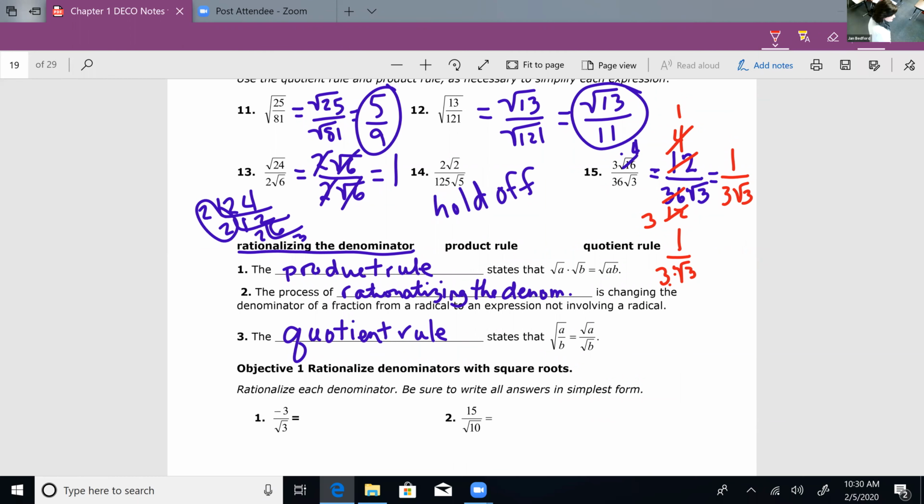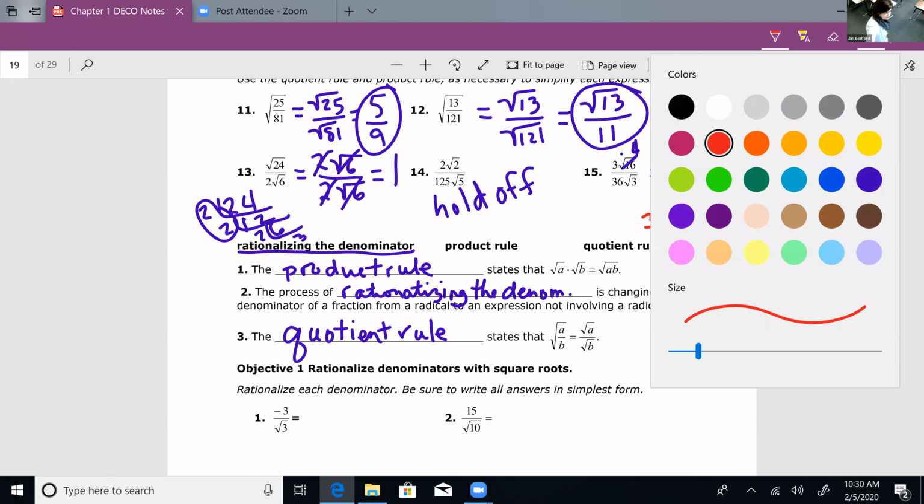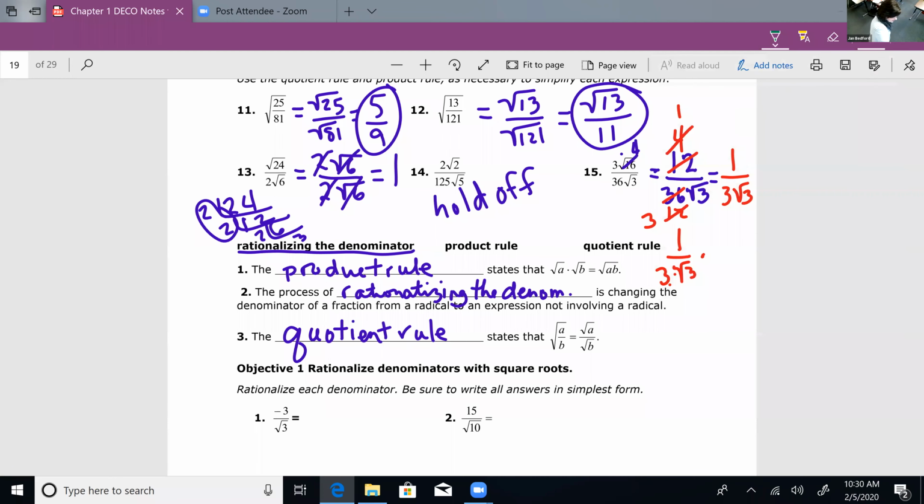So what can I multiply times the square root of 3 to make the square root go away? Another square root of 3. So I'm going to change colors again and multiply top and bottom by the square root of 3. That's going to make this go away, because how much is the square root of 3 times the square root of 3?